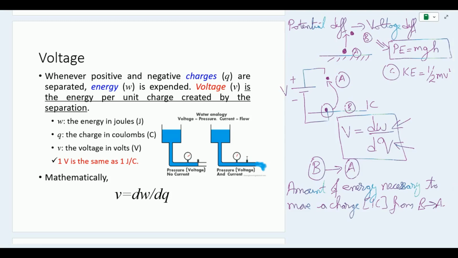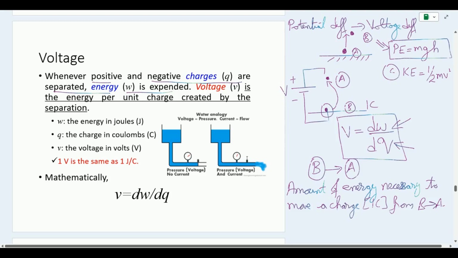Okay, so if you read the definition, whenever positive and negative charges are separated, energy is expended. Voltage is the energy per unit charge created by separation. This is the same thing that we have done. And why are we talking about the charges being separated?